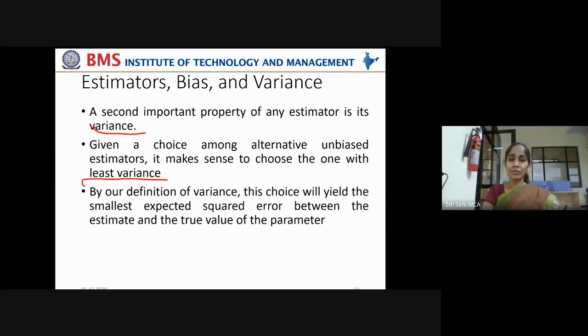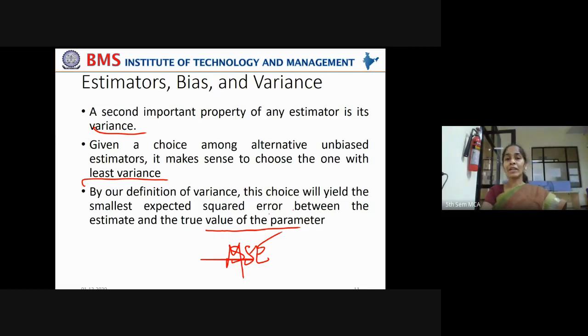Now, by our definition of variance, this choice will yield the smallest expected squared error between the estimate and the true value of the parameter. You remember what this is? It gives the expected squared error, normally called the mean squared error.